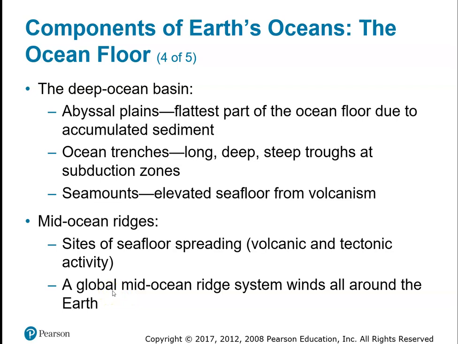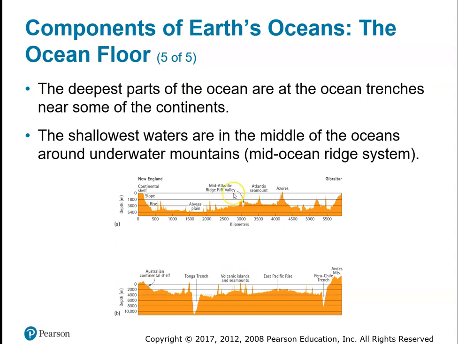The baseball has the seams sewn all the way around, and you can see these ocean ridges going all throughout the oceans of the earth. The deepest parts of the ocean are the trenches, as I mentioned before. So there's a good example right there. This is in the Pacific Ocean that they're talking about here.